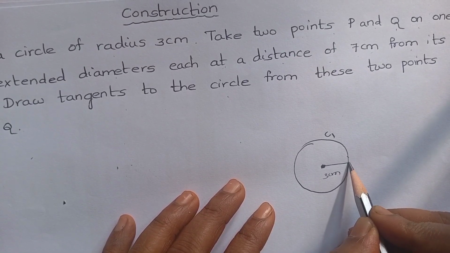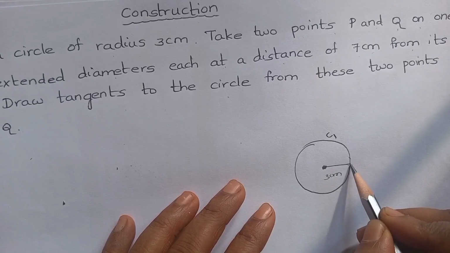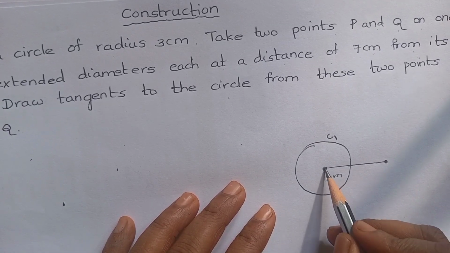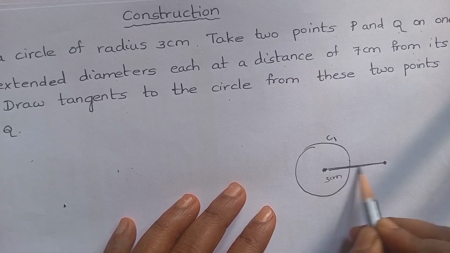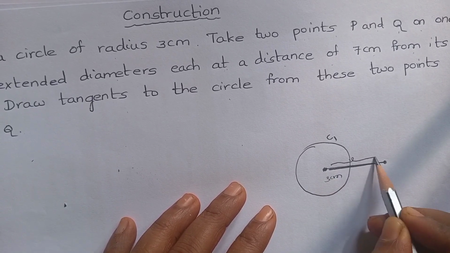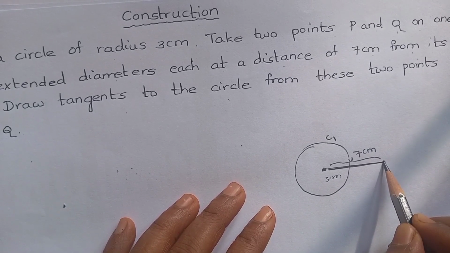Already here it is 3 cm, isn't it? Then from here we have to mark 4 cm. Then the total distance, it will become 7 cm, right? We got one point here.